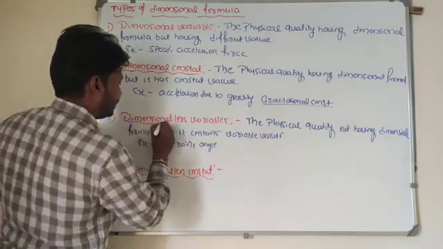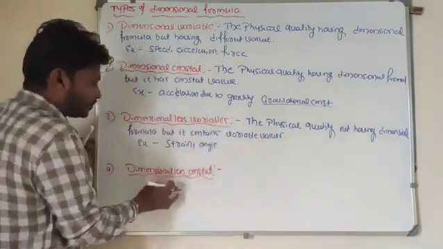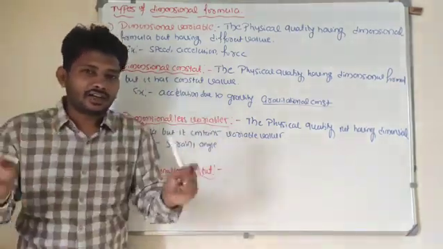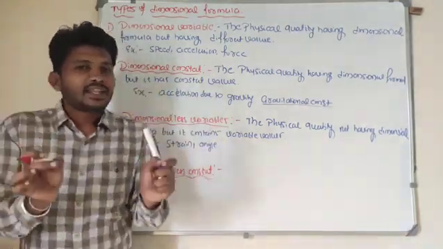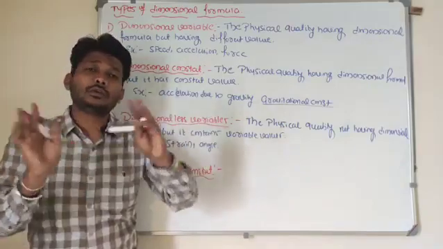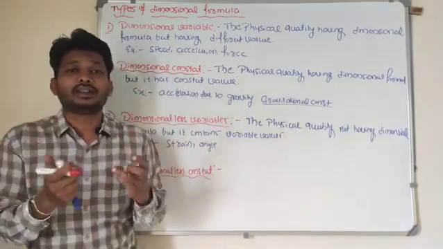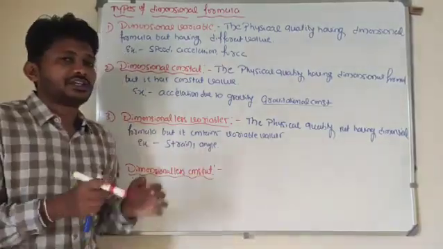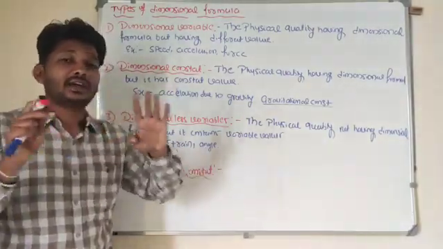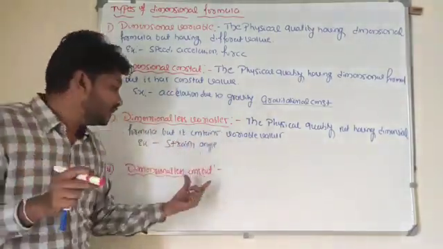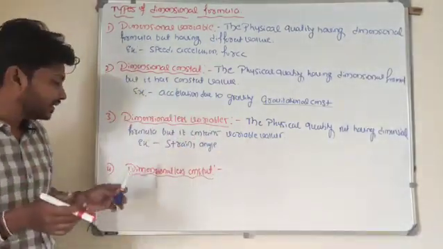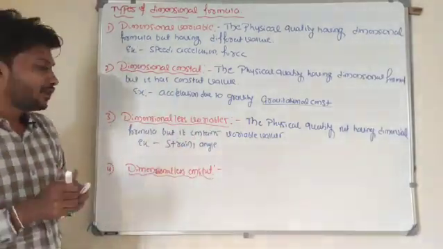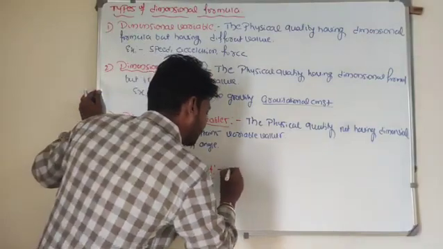Some physical quantities are there, those physical quantities are not having dimensional formula, but they have a fixed value, so those values will not change. So then what are the examples here? Dimensionless means it doesn't have any kind of dimensions, but it has constant value, so that is a dimensionless constant here. So what's the dimensionless constant?